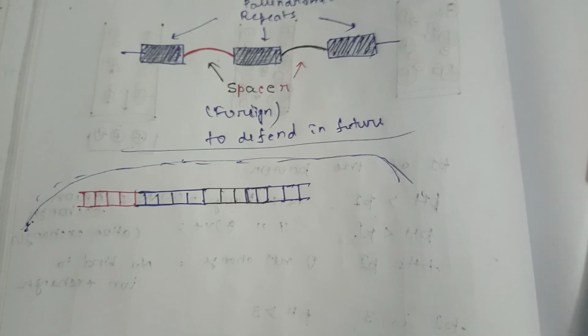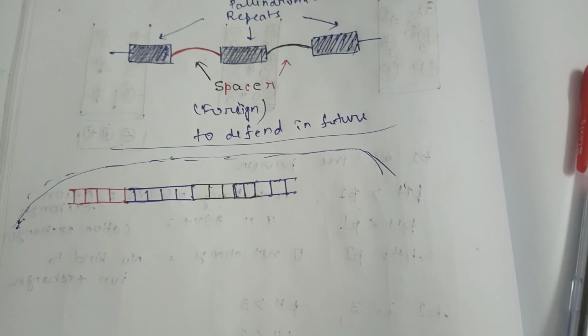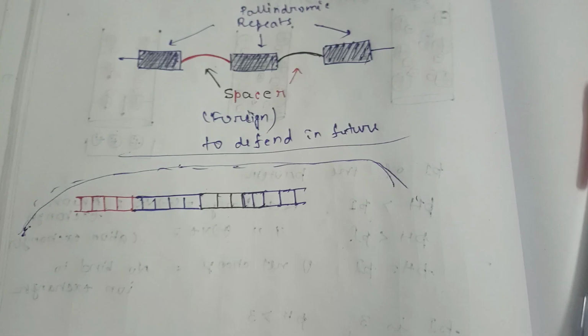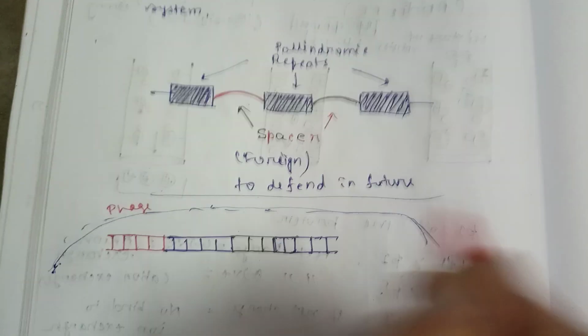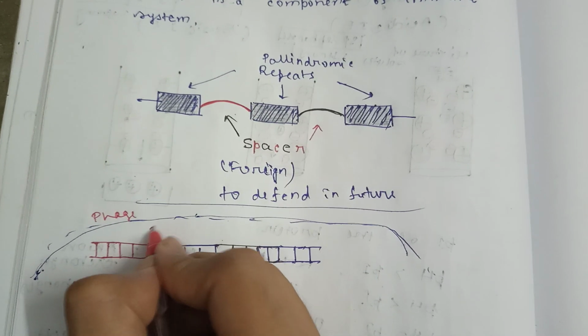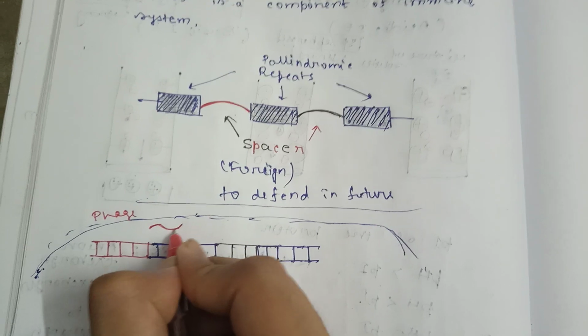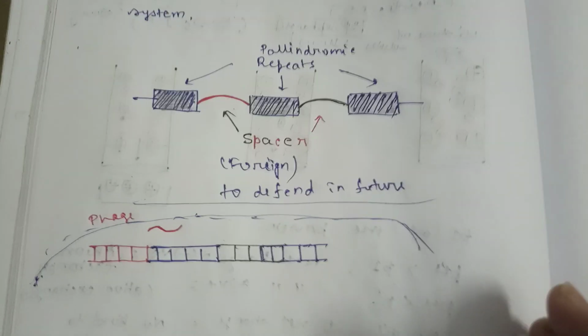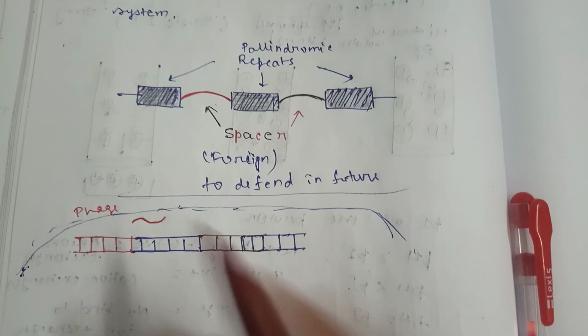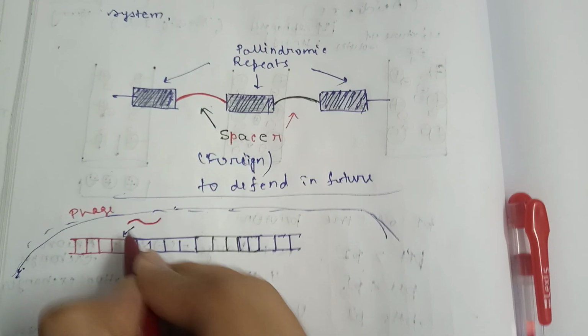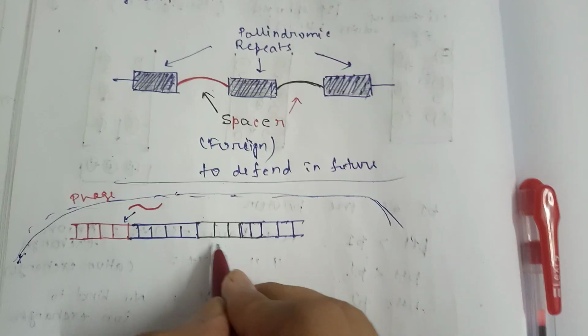So what happens when a virus attacks a bacterium? Let's say a phage virus is attacking this bacterium, and this is its viral DNA or viral genome, okay. So what will happen here? This part will be inserted into the bacterial plasmid, okay.